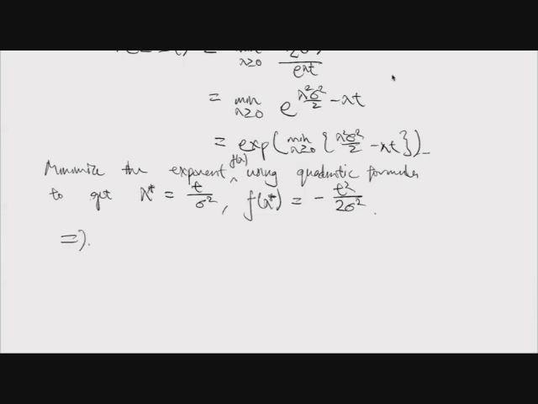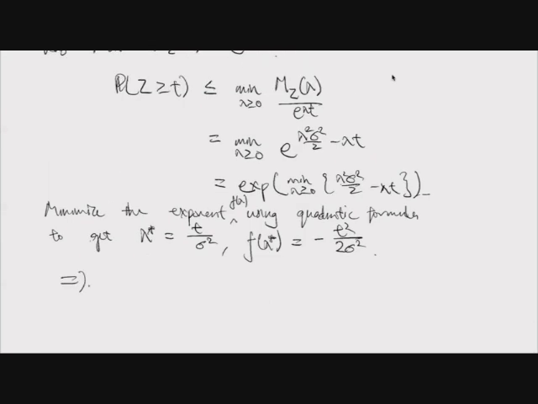Putting this back into our tail bound, you see that the probability of z being bigger than or equal to t is less than exponential of minus t squared over 2 sigma squared. And this gives you Chernoff's bound for normal random variables.